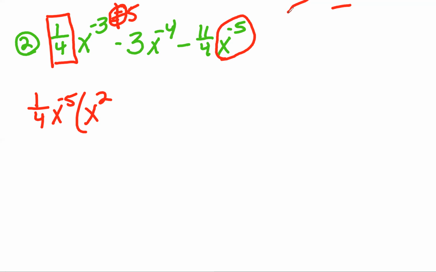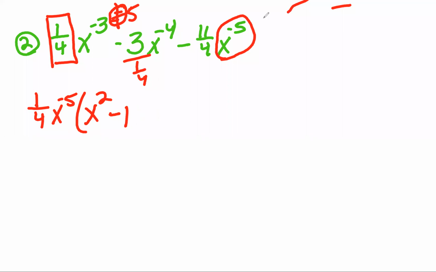If I take -3 divided by 1/4, that's like multiplying by 4. Sorry, that would be wrong, so I'm going to multiply by 4 on that one. And when I multiply by 4, that gives me 12.